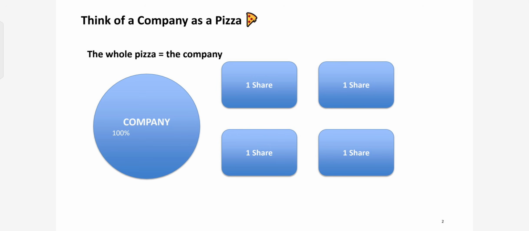To understand it better, we need to think of a company like a pizza, roundish in shape. The company is 100%, but since it wants to raise capital, it issues its shares in the market through an initial IPO, what we usually call the primary market. When it gives out the initial IPO, the company is telling you to go and buy into its vision, injecting capital by buying some shares.